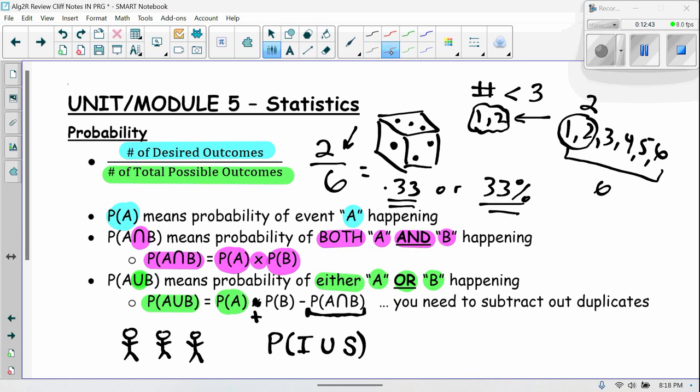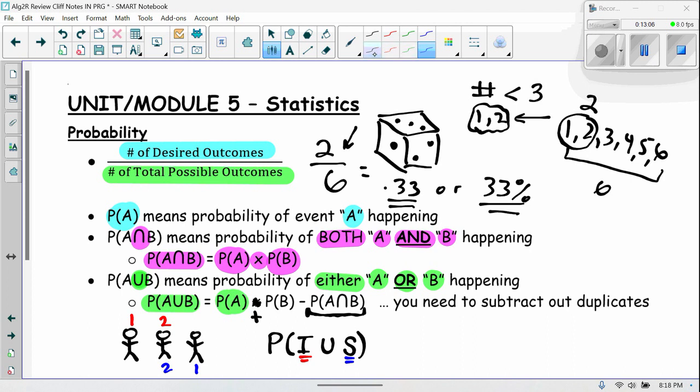The probability of playing an instrument, 2 of them raise their hand, 1 and 2. Then I say, well, how many play a sport? This one plays a sport, and this one, well, I'll do that down here, plays a sport. So the one in the middle here does both, okay?